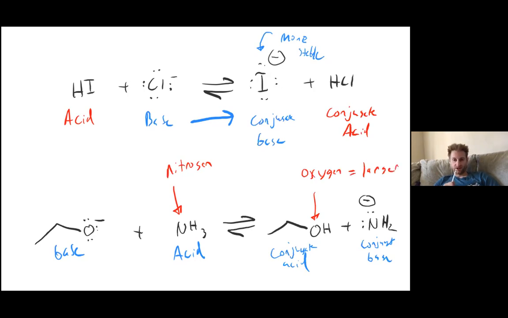Which means it is better for holding charges. So it's going to favor the position where the oxygen goes to the O minus. So over here, this is what's going to be more stable. And our reaction is going to favor going to the left here.